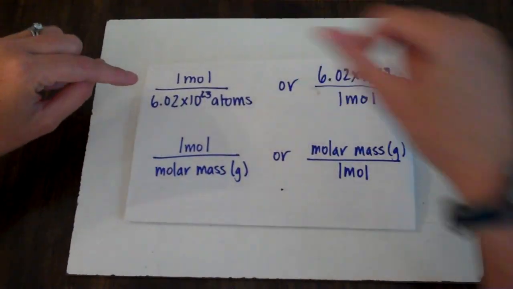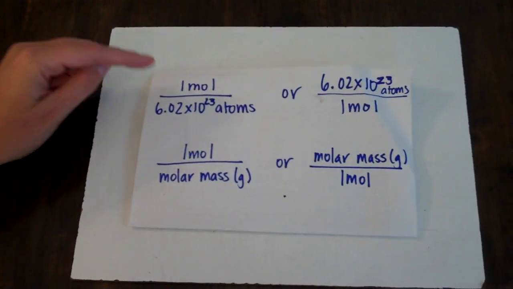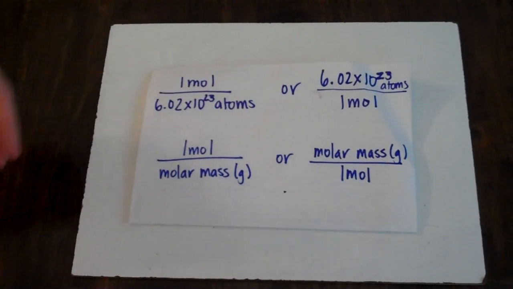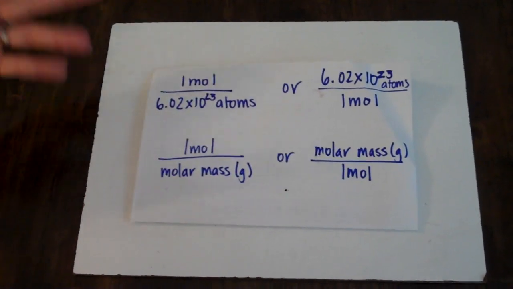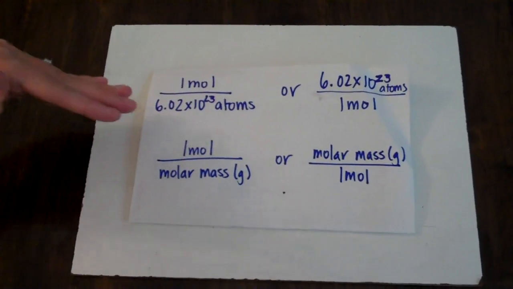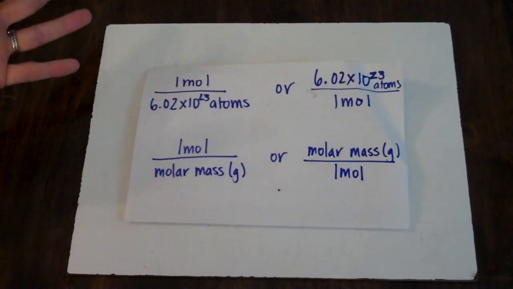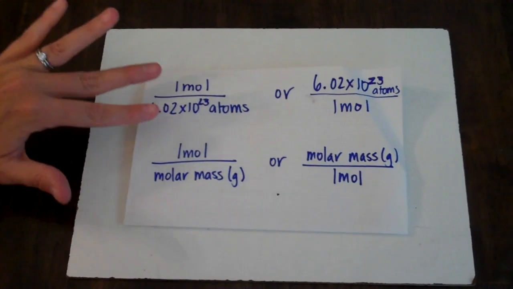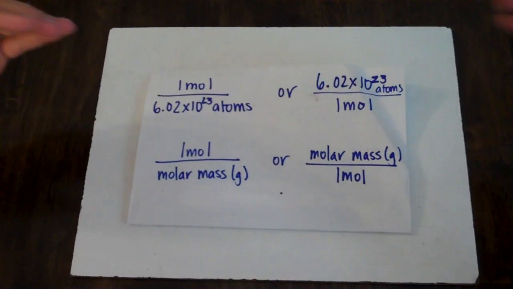They show how you take 1 mole of something and use that information to determine the number of atoms or the molar mass, or actually use the molar mass or the number of atoms to find out how many moles you have. These conversion factors are 1.